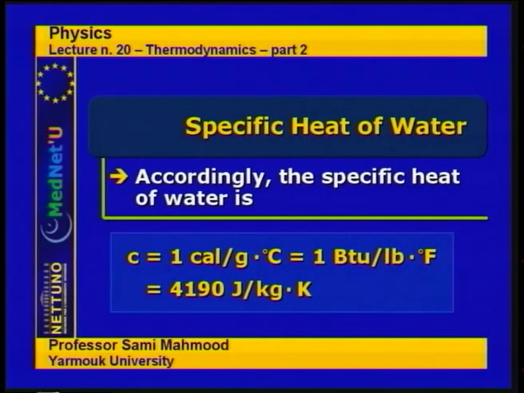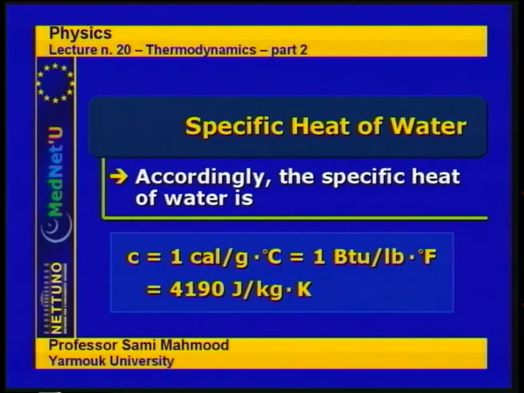And this comes from the definition of the calorie, as we noticed previously, that it is the heat required to raise the temperature of 1 gram of water by 1 degree centigrade, between 14.5 and 15.5.